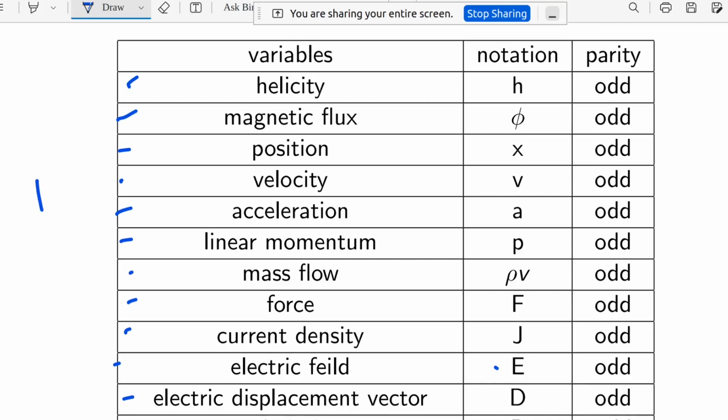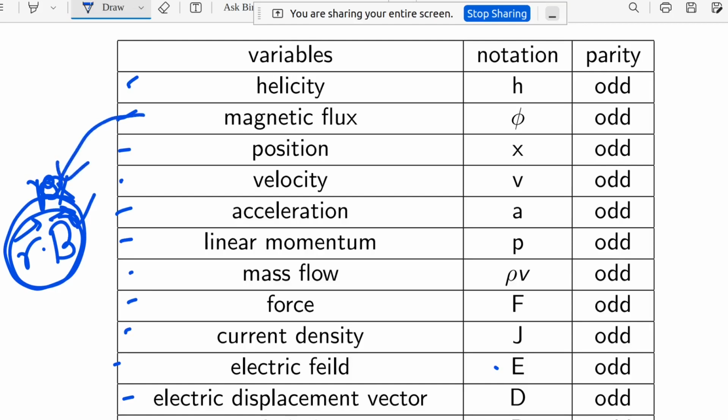Let's say the normal is R, and then there will be a dot product between R and B. So you can see that R and B, these two are vectors, right? And the dot product is giving the magnetic flux. That means it is a scalar basically. R dot B is giving a scalar.